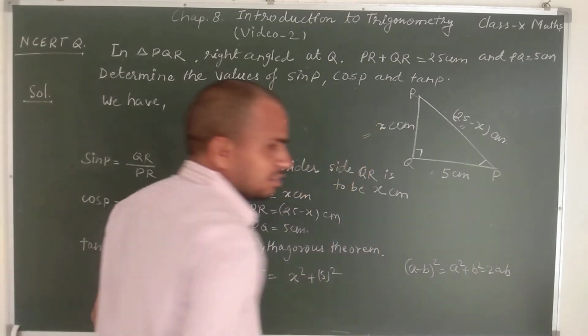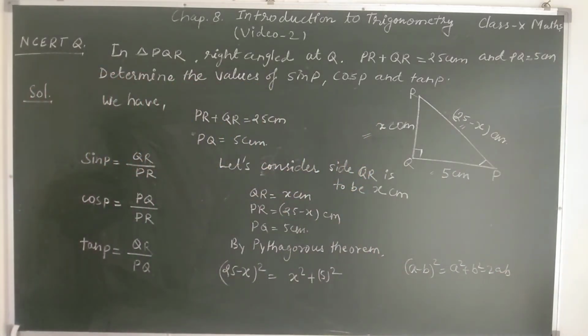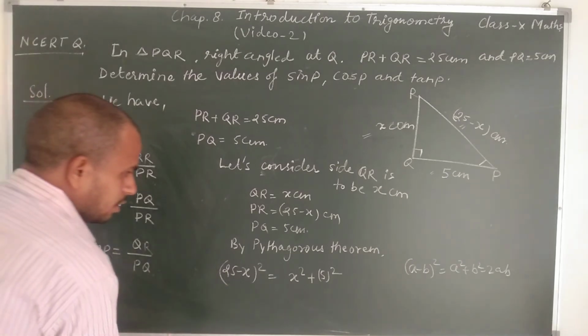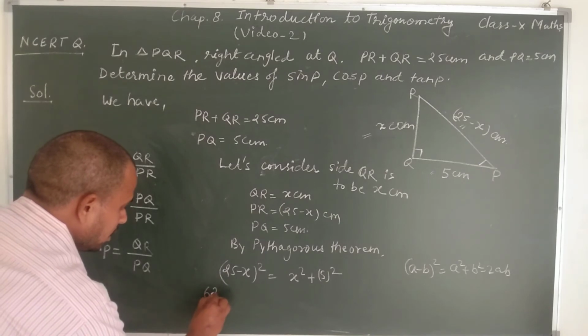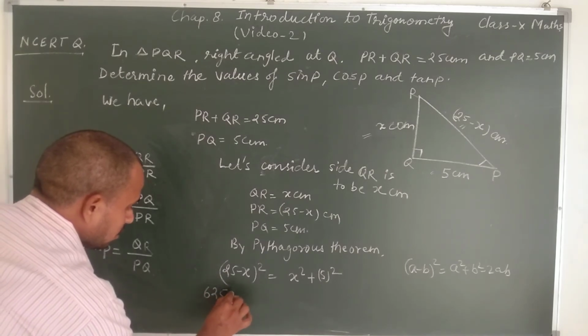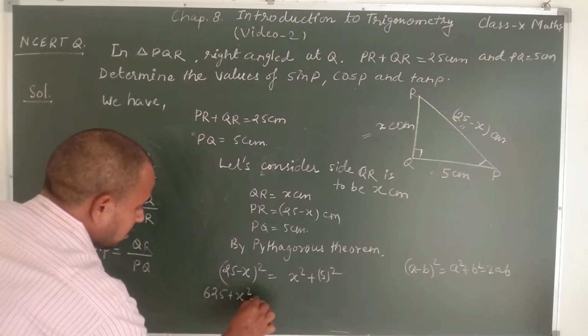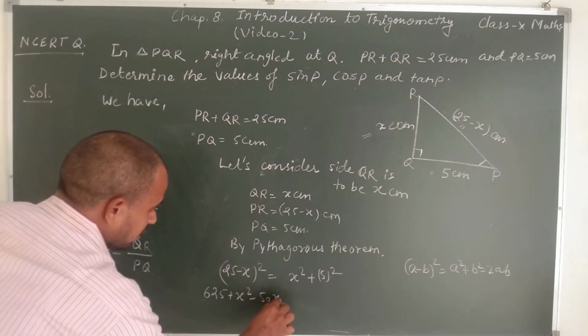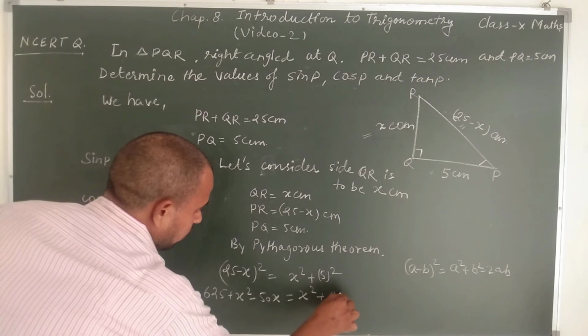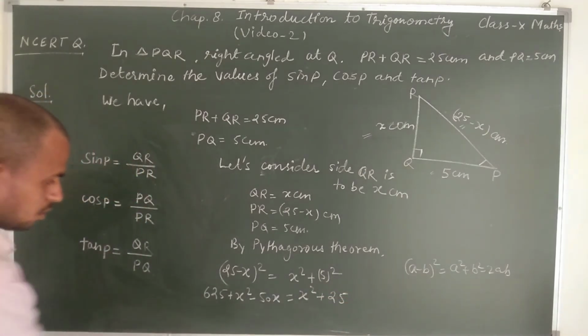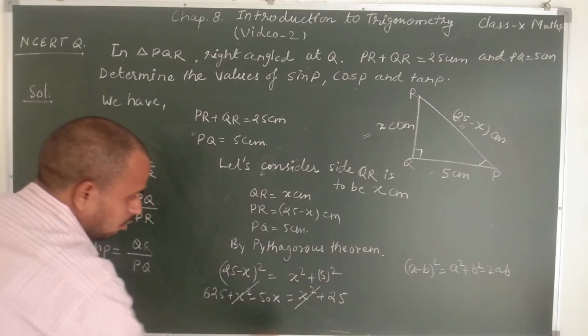So 625 plus x square minus 50x equals x square plus 25. The x square cancels out.